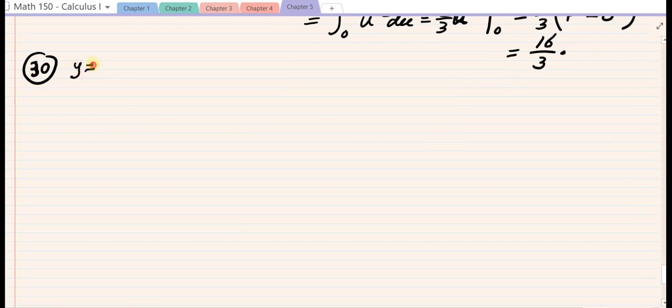Yes, number 30, it is root x plus root y equals 1, and then x plus y equals 1. Okay, that's number 30. And let me bring the graph up for this one.